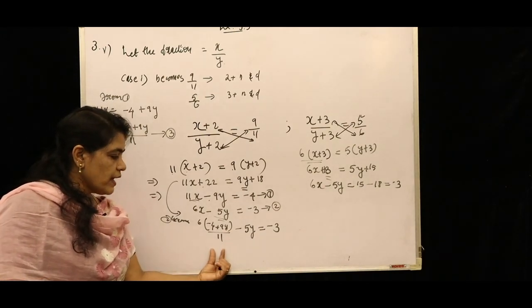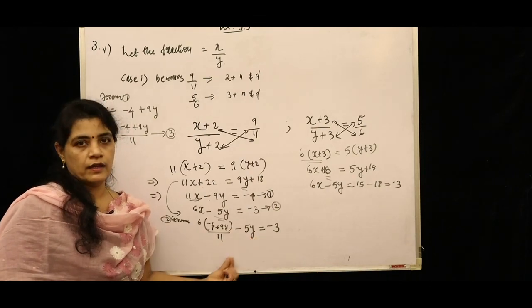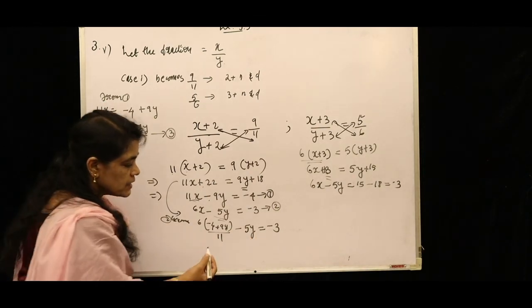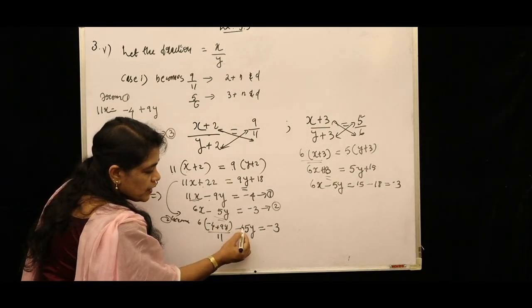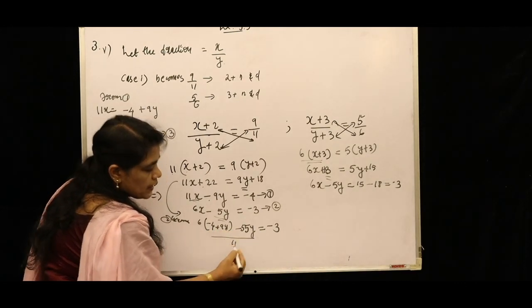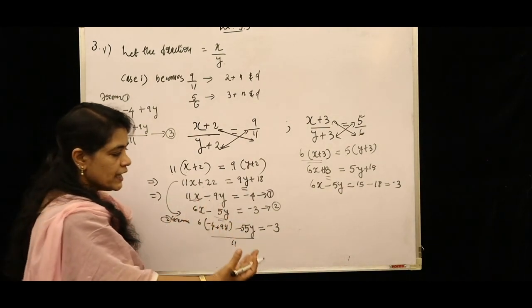See children, this is a fraction with the denominator 11 minus 5y. Unlike terms should be subtracted how? By cross multiplication. That means this 11 into 5, 55, whole by 11. After cross multiplication, this will be the step, equal to negative 3.